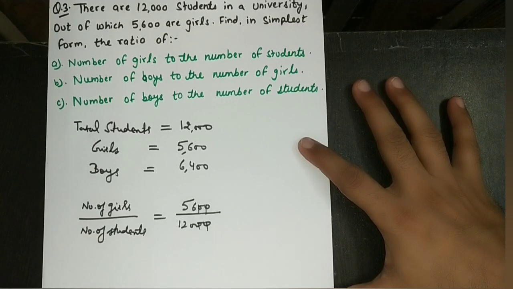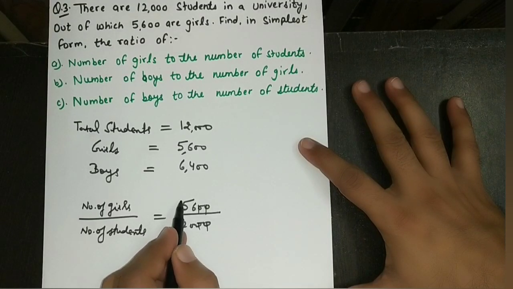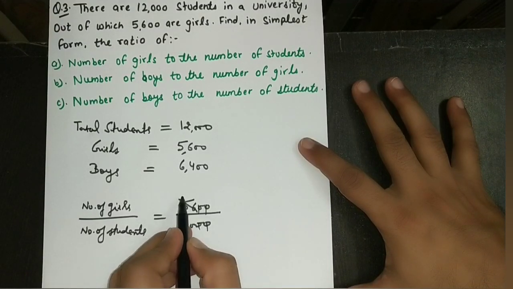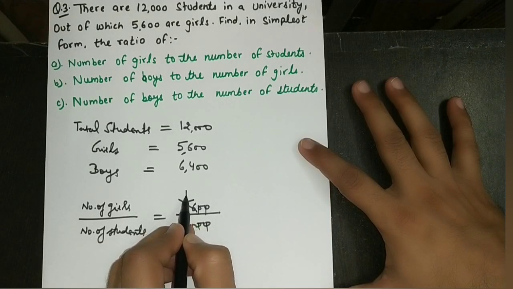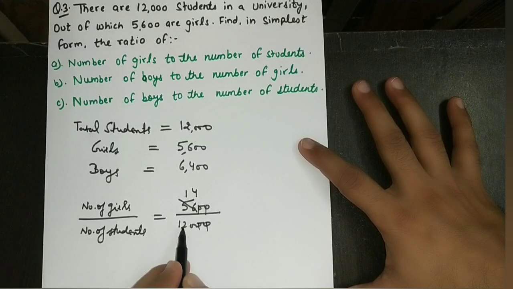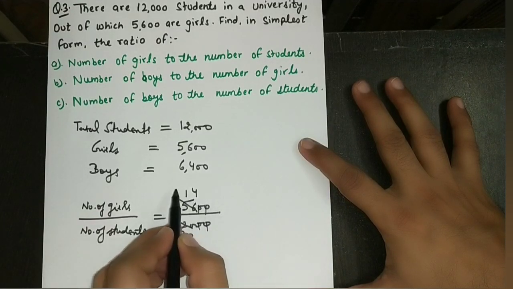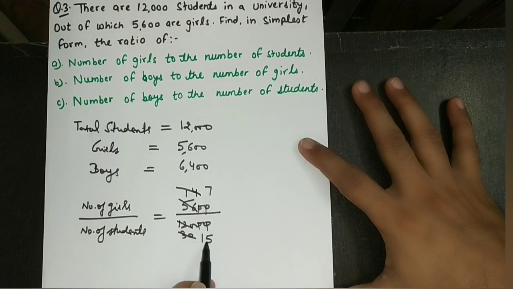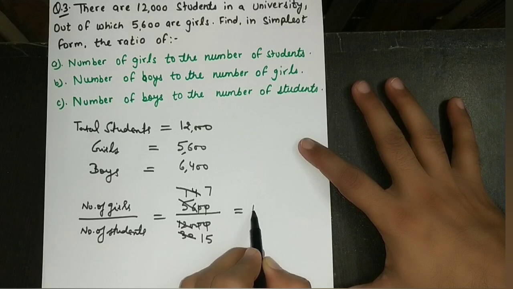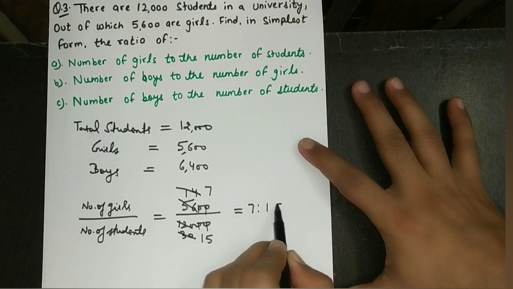Here we will cancel the zeros. Okay, now let's try to solve this. 4 ones are 4, 4 fours are 16, 4 threes are 12. Now 2 sevens are 14 and 2 fifteens are 30. So your ratio is 7:15.